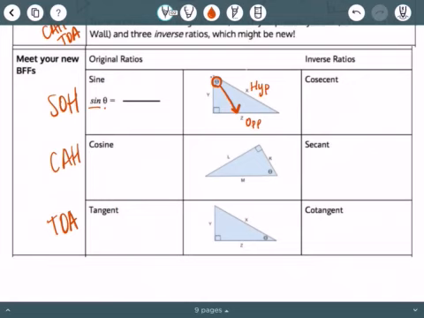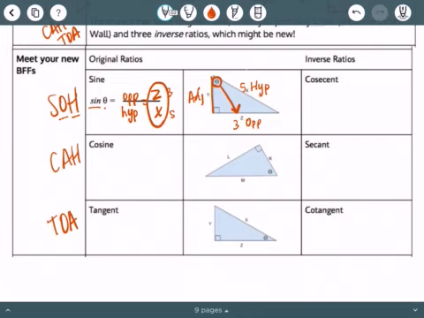And the leftover side, which is always the side next to it, is the adjacent. So our sine is opposite over hypotenuse, which in this case is z over x. Whatever these numbers are, say this was 3 and 5, we'd write 3 and 5 there. So pretty simple.